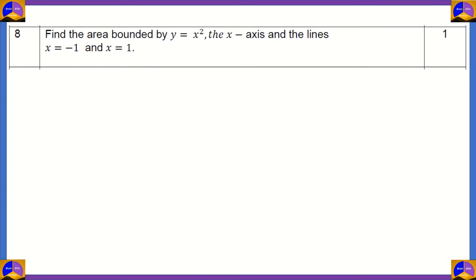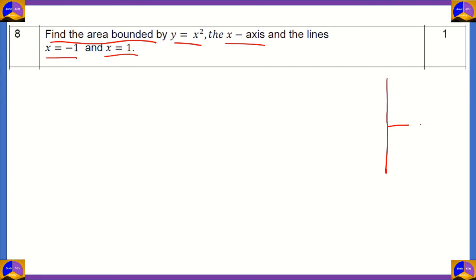Next question. Find the area bounded by y equals x squared, the x-axis, and the lines x equals -1 and x equals 1. This is a question related to area under curves, and in such questions, we must always draw a graph.